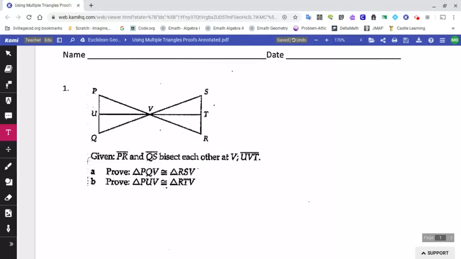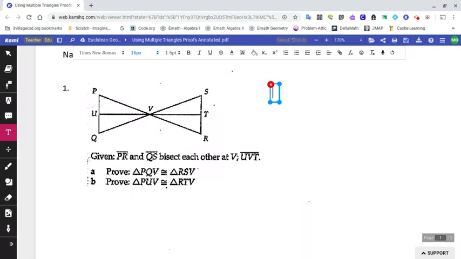So I'm going to start with the first given, which is PR and QS bisect each other. So 1, PR and QS bisect each other, and that is given.